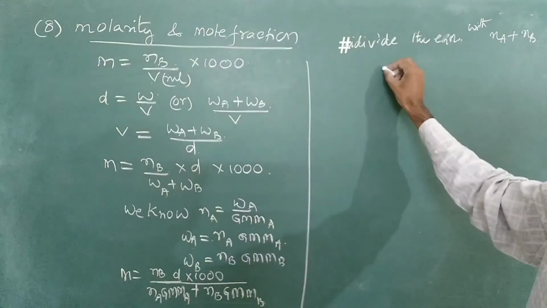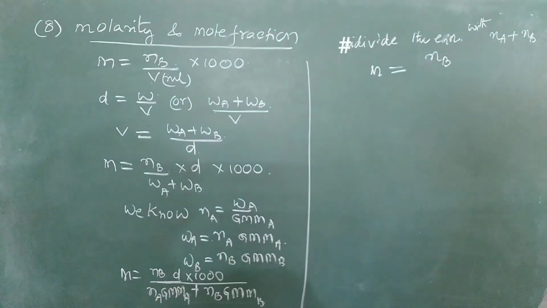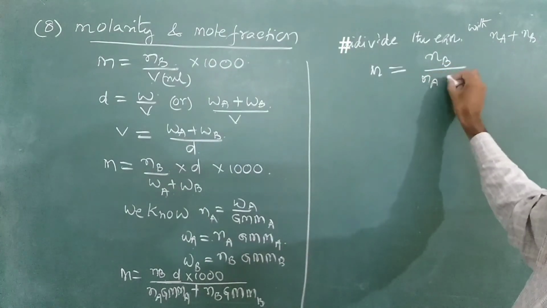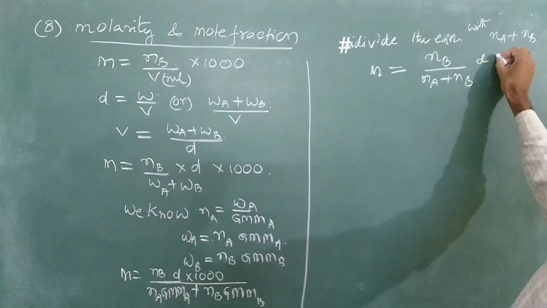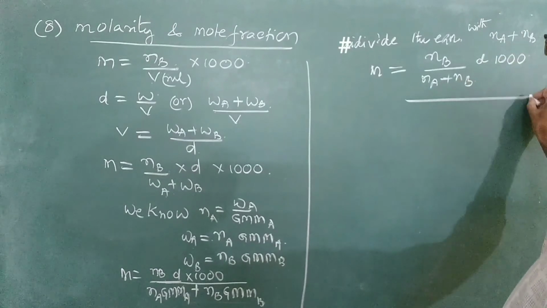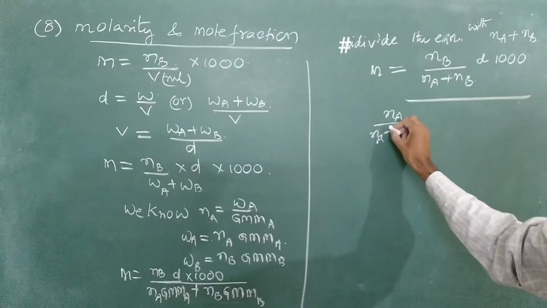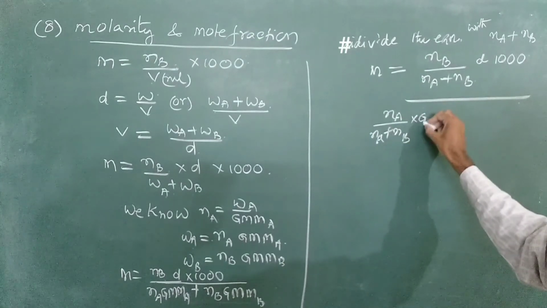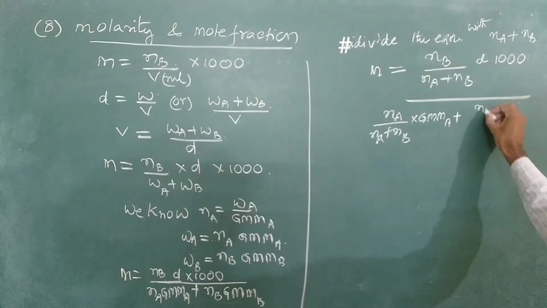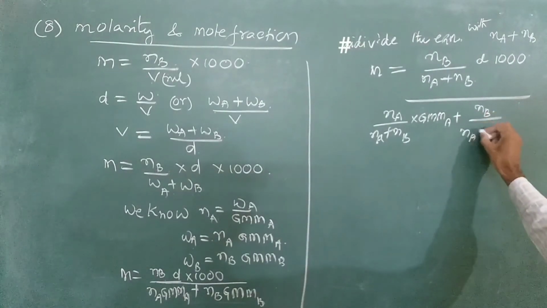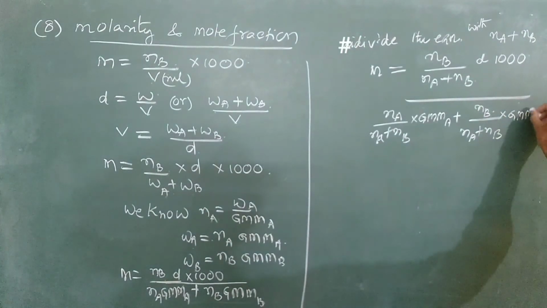So now molarity is equal to what? The number of moles of solute divided by Na plus Nb, into density into 1000, divided by Na by Na plus Nb into the gram molar mass of solvent, plus the number of moles of solute divided by Na plus Nb, that is the total number of moles, into the gram molar mass of solute.